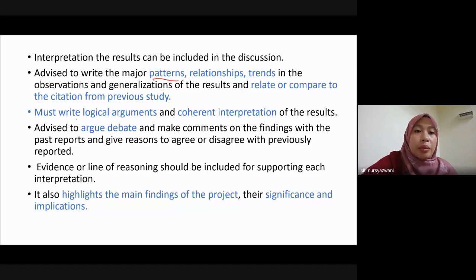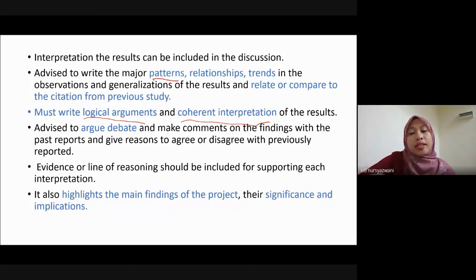Okay, dan macam kat saya cakap, must write logical arguments and also coherent interpretation of the results. And you are also advised to argue ataupun debate and make some comment on your findings as with past reports, and also give reasons to agree ataupun disagree with the previous report. So macam you agree ke tidak, similar ataupun you just okay the finding shows this compound is higher.